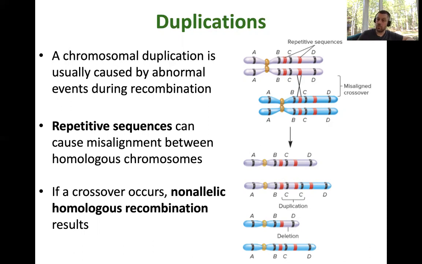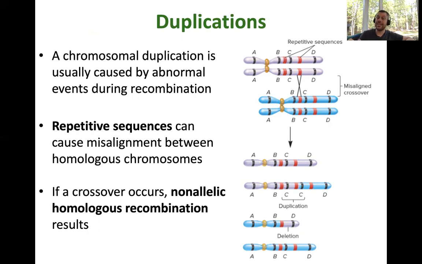So there are sometimes repetitive sequences present in a chromosome, and in red here are very similar sequences, but they're repetitive. When these two chromosomes line up, normally the first red repetitive sequence would line up with the first red repetitive sequence in the homologous chromosome, and they'd line up perfectly.